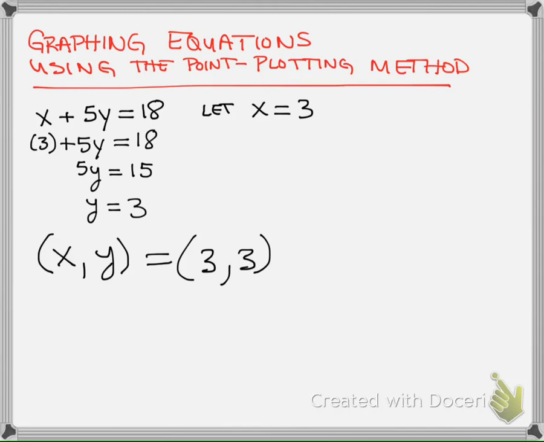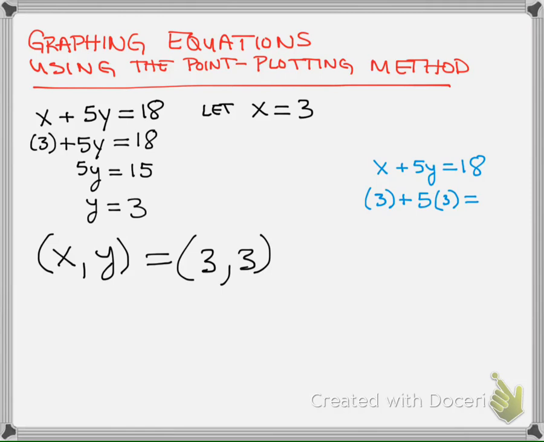We can also check the result by substituting the point coordinates into the equation. So again, let's start by writing the equation x plus 5y is equal to 18. Then the x coordinate was 3, plus 5 times the y coordinate, which was also 3.